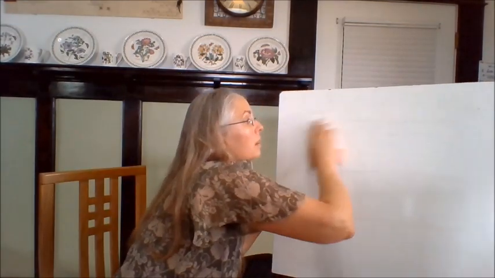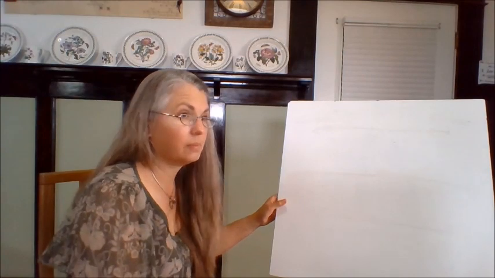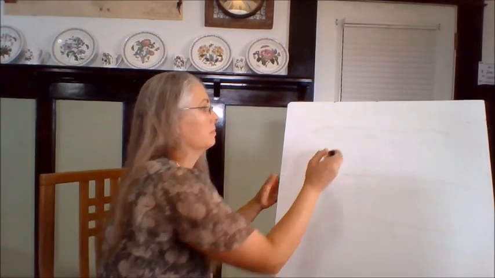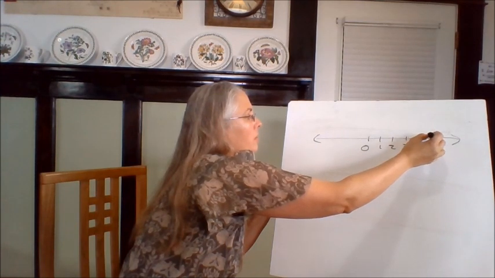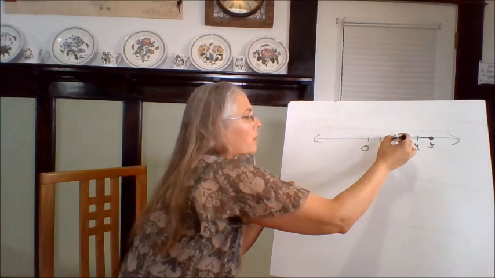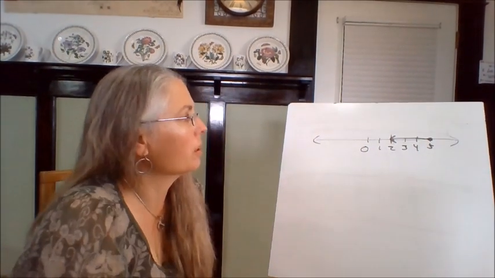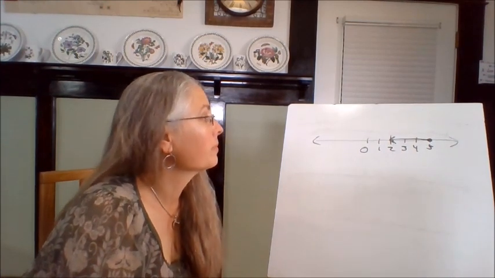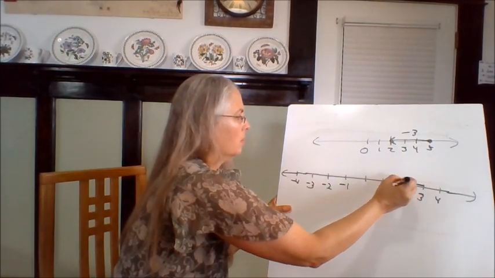You can have the negative arrow start at a positive number. So here's an arrow, it starts at 5 and it goes to 2. It has a beginning at 5 and an ending at 2. What do you think is the number that that arrow represents? -3. Okay, what about this arrow?